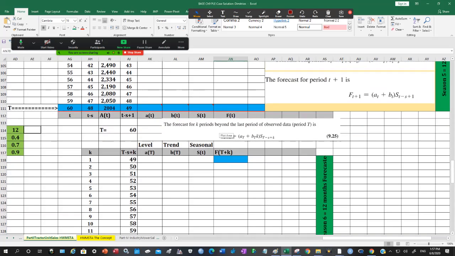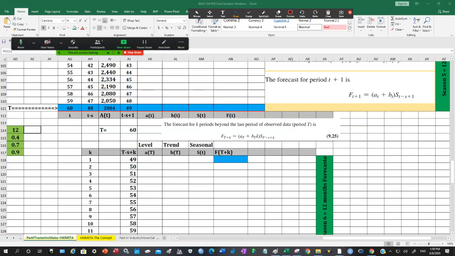Okay, so I repeat the headings at the bottom so that we know what the numbers above are. This column is the periods, this is the t minus s, the actuals are these numbers, this is the t minus s plus 1, this is the level components, the trend components, the seasonal components, and the forecasted.